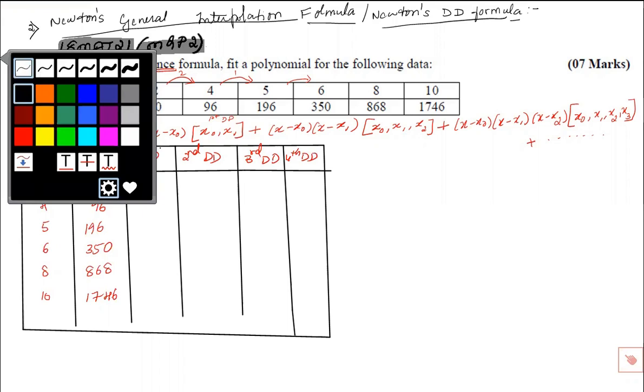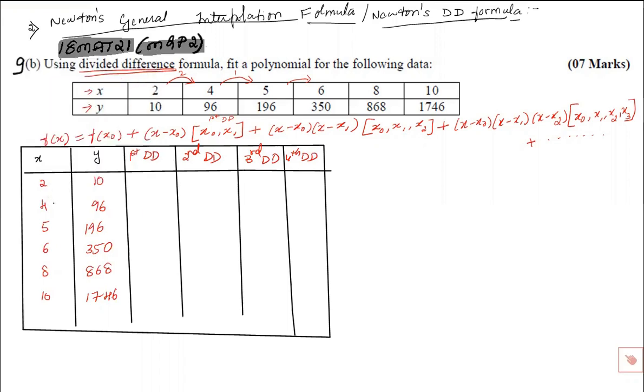Now let us compute the first divided difference. Here 96 minus 10 is 86, divided by this length, 4 minus 2, that is 2. So the answer is 43. Similarly, 196 minus 96 is 100, divided by 5 minus 4, that is 1. So the answer is 100.